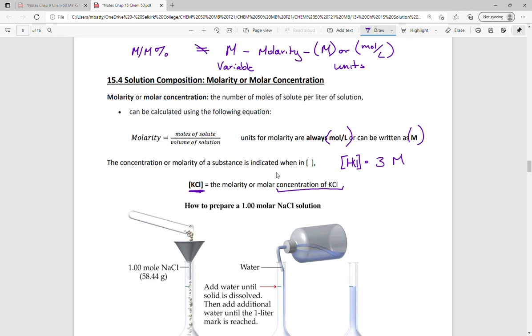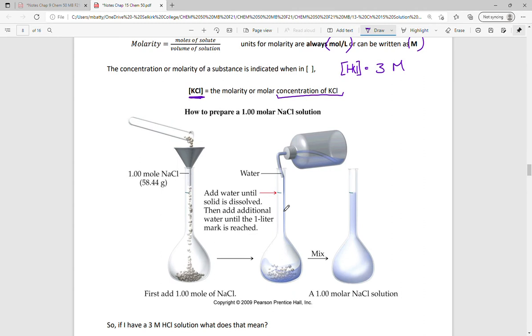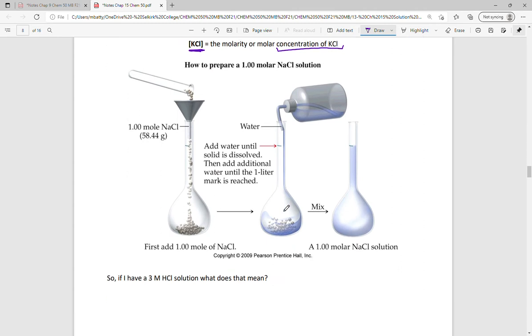When you make solutions in the lab, and you have seen M's written on different bottles perhaps in the lab, you use often a volumetric flask. So a volumetric flask is this wide bell shape, and it has a really narrow neck with the measurement marker on it. So that's the only gradation of measurement on a volumetric flask.